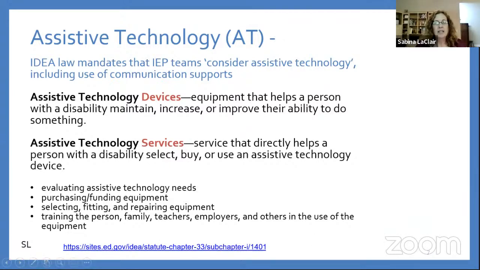It includes the devices or equipment that an individual needs to complete a task. Assistive technology also includes the services that an individual requires to use that AT device. With assistive technology, we are thinking about the evaluation process, purchasing, maintaining the equipment, and training for the student and other individuals, such as teachers, families, and therapists that will all interact with the student when they're using their device.